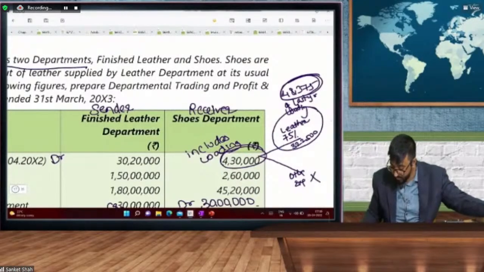Riddhi ji, why finished leather doesn't include loading?